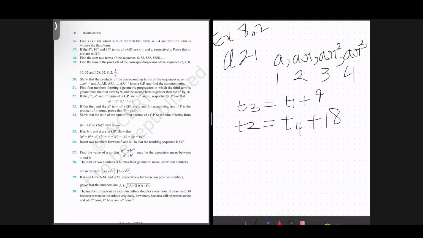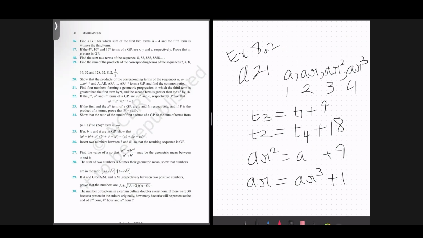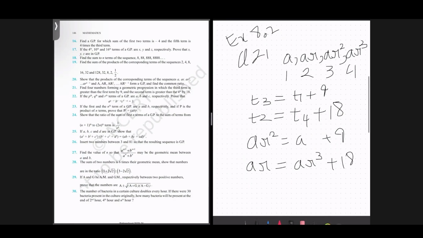Now substituting these values into the equations, T3 can be written as ar square equal to a plus 9, and here you have ar equal to ar raised to the power 3 plus 18.